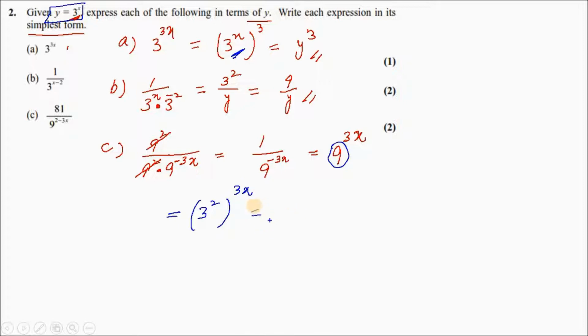Clearly you can write this whole expression as 3 to the power x whole power 6. So 2 times 3 is 6x, or you can take 6 up, x down, and 3 to the power x is y. Now finally this is y to the power 6. This is the last expression in terms of y to the power 6.